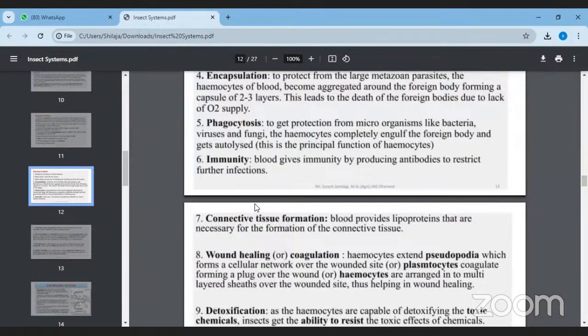We can also say it acts as a lubricant, allowing the movement of the internal structures, and it also acts as a hydraulic medium. And also heat transfer. Many things can be included, mainly protection.